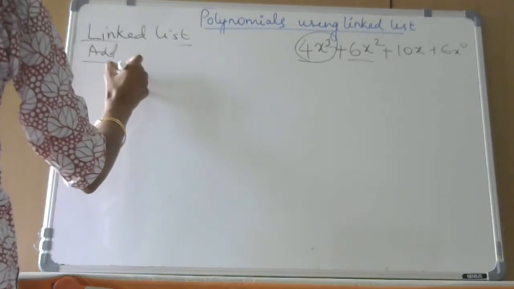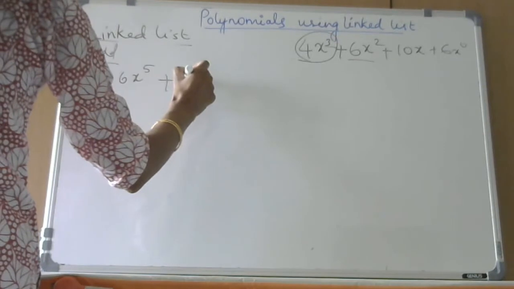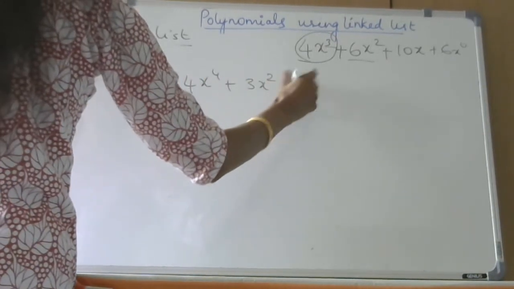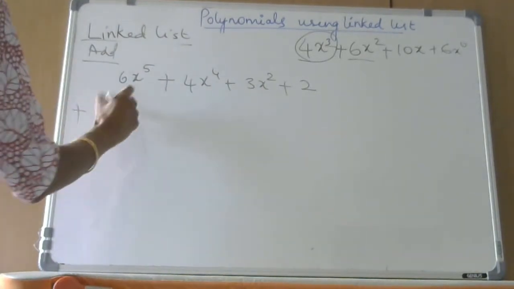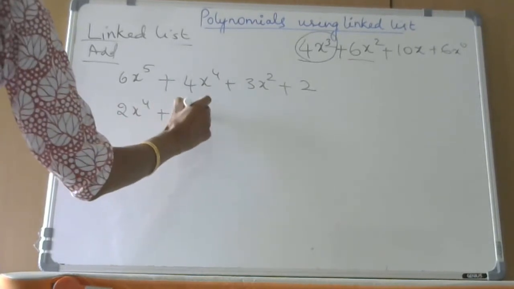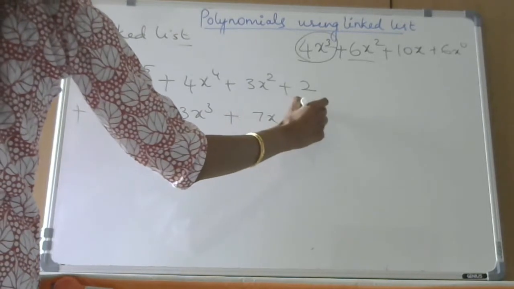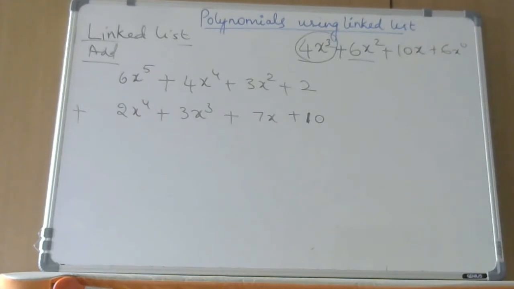So now let us take an example like this: 6x to the power of 5 plus 4x to the power of 4 plus 3x square plus 2 is one polynomial. I want to add this with 2x to the power of 4 plus 3x to the power of 3 plus 7x plus 10. These are the two polynomials I want to add.